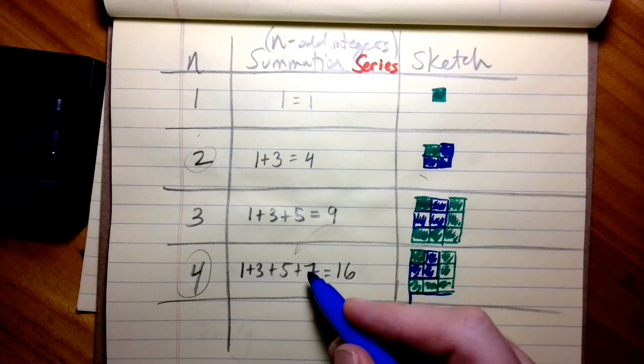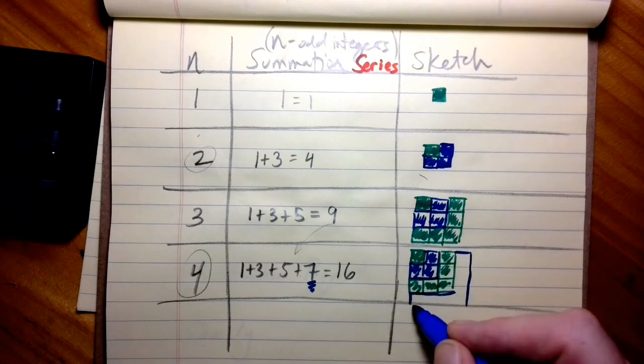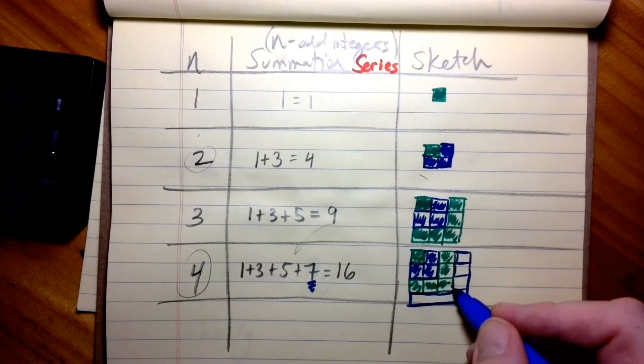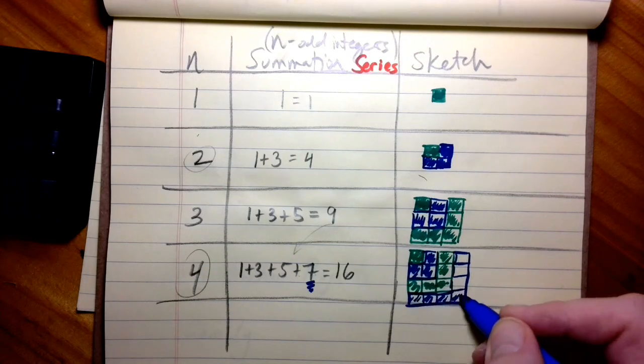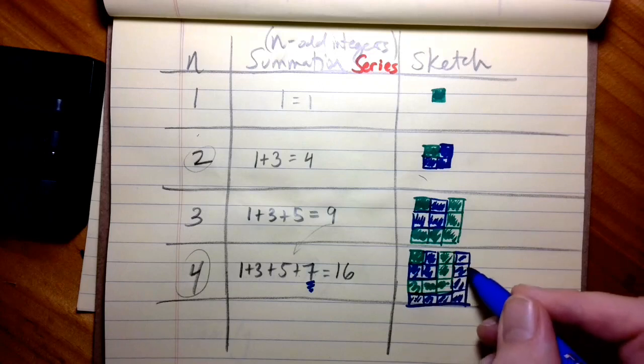This will be the number 7 here. So 1, 2, 3, 4, 5, 6, 7.